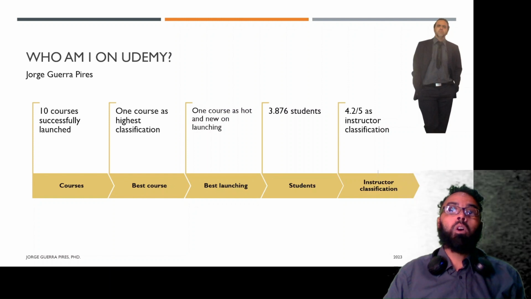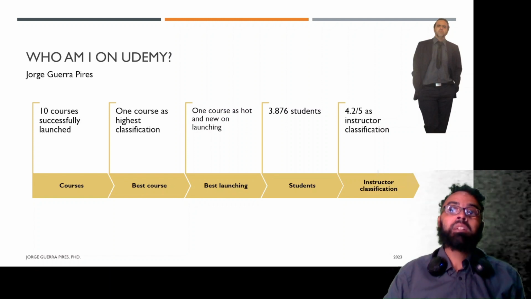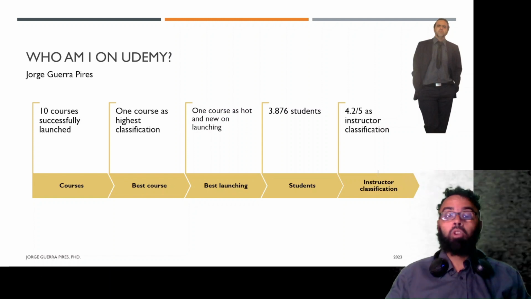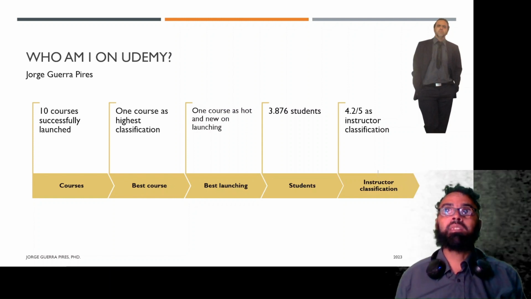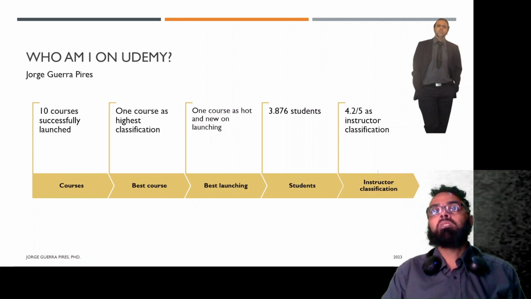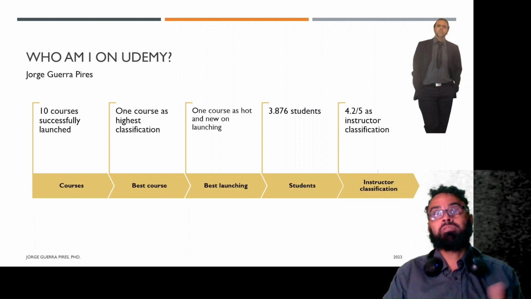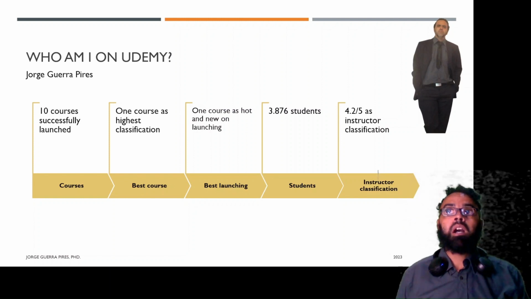I have almost 4,000 students. That has been a very good pleasure, with people all over the world on my map. I'm very happy just to see the map. I have 4.2 stars out of 5, which is the way Udemy measures the instructor.